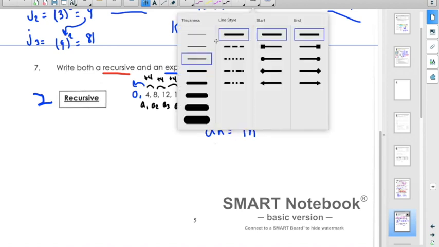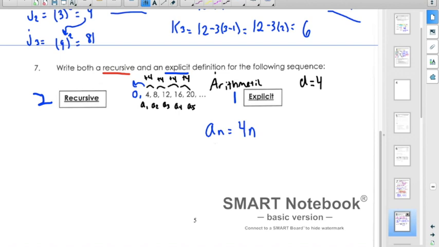And now let's do recursive. Again, the good thing about recursive is that we can easily give the first part of the first equation. Always two equations. The first part is always the first term. A sub 1 is 4.